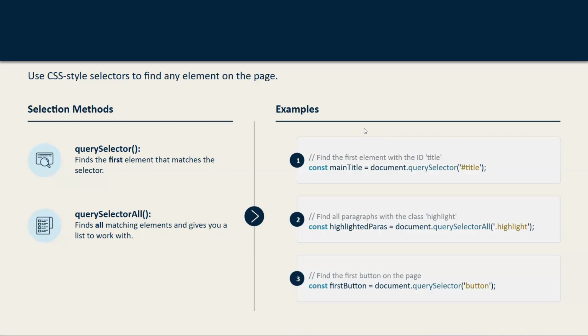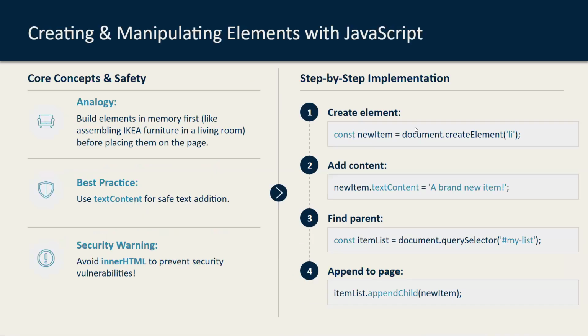In this example on the right, if I use querySelectorAll and in the quotes put .highlight, I will get all elements with the class highlight. So in simple terms, if you want one element, you should use querySelector, and if you want all matching elements, that is where you should use querySelectorAll.